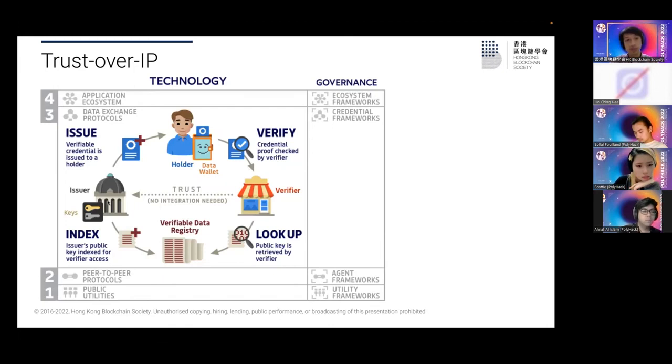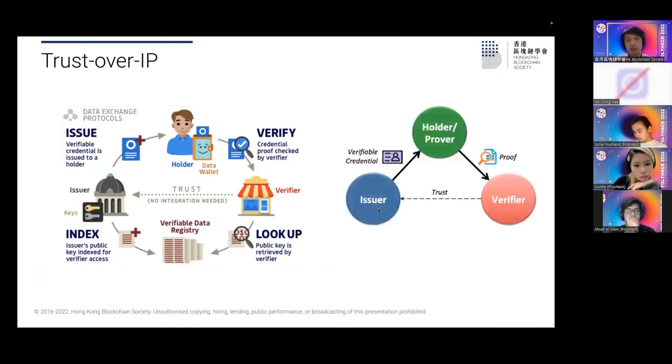For example, the issued verifiable credential is basically hashed, so they can compare the hash as well. As you all know, hash is a one-way function. It's deterministic. So as long as the holder didn't change anything, I should be able to find the hash in the registry, right? That is how verifiable credentials work in a nutshell, okay? This is also very simplified into this diagram. So an issuer issues a verifiable credential to a holder.